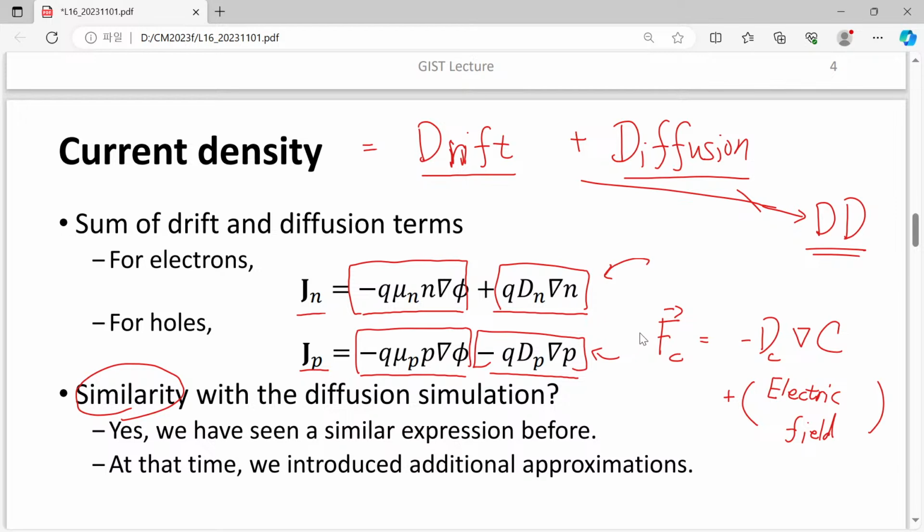Now please understand this. Although we are considering three different species, one is the dopant, which is an atomic core, then the electron, which is a much smaller particle, and the hole, which has a different polarity, so we have three different species, but the description of their movement, what is your feeling about that?